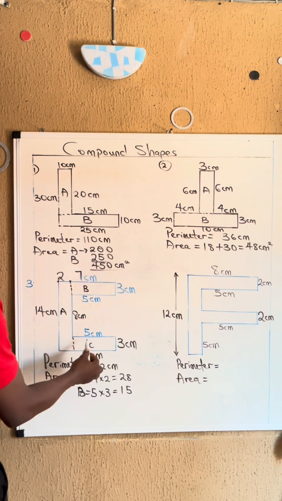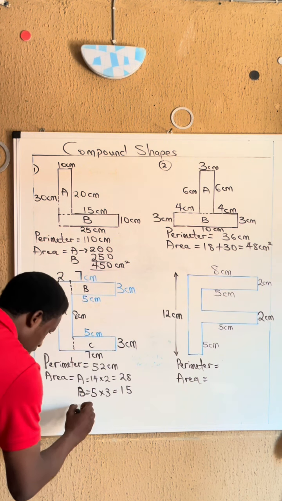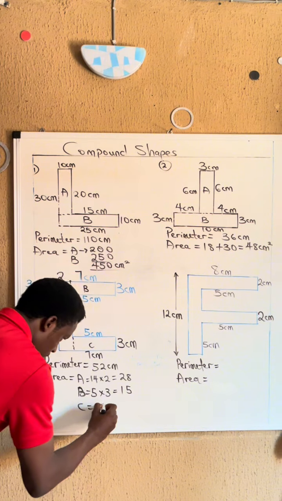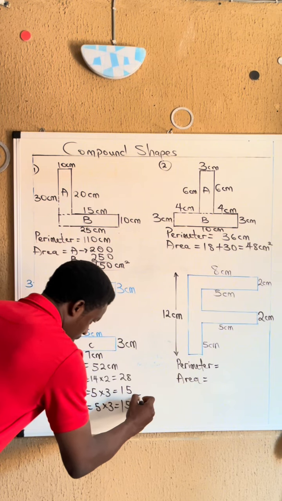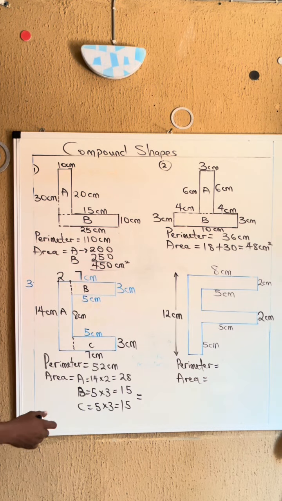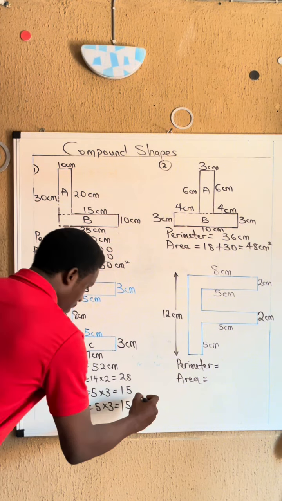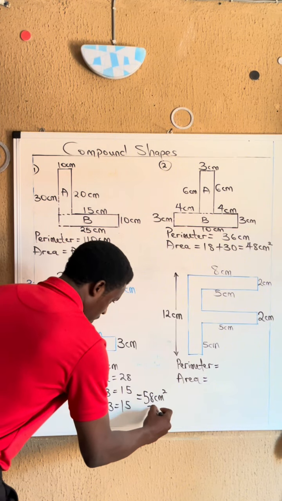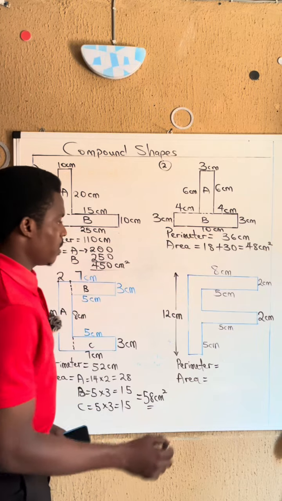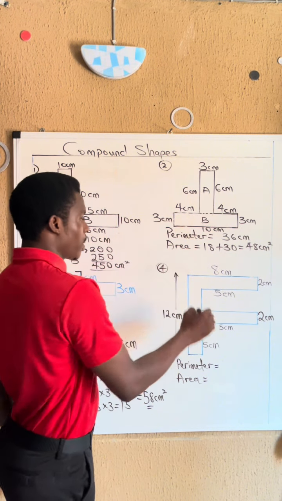For C is also 5 times 3. That is 15. When you add these up, they add up to give you 58 centimeters squared.